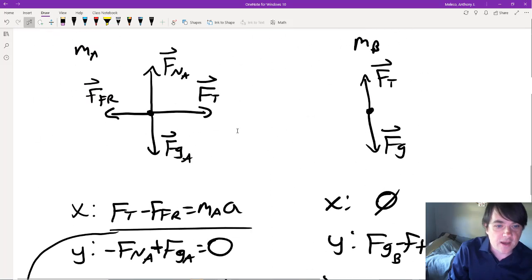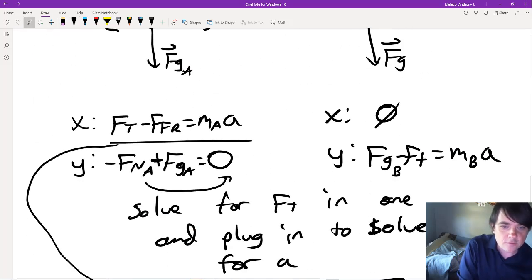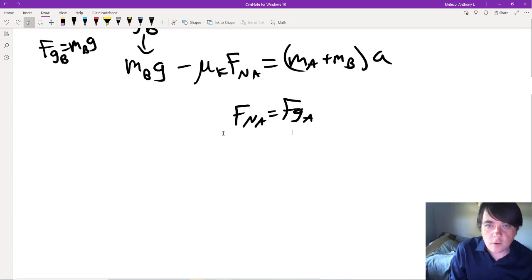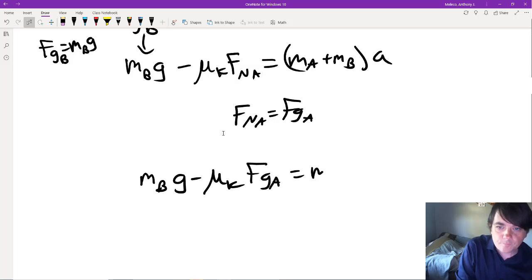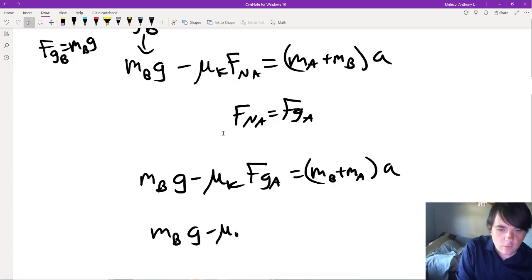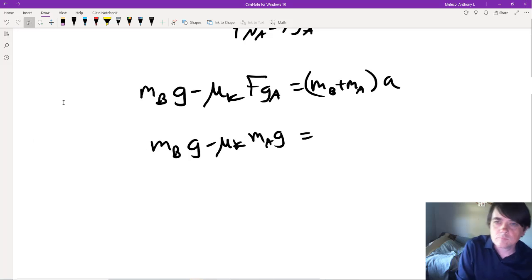All you have to do is add this over, and you would see that they would be equal. We could just plug that in, and then this is going to be MA g. Okay.